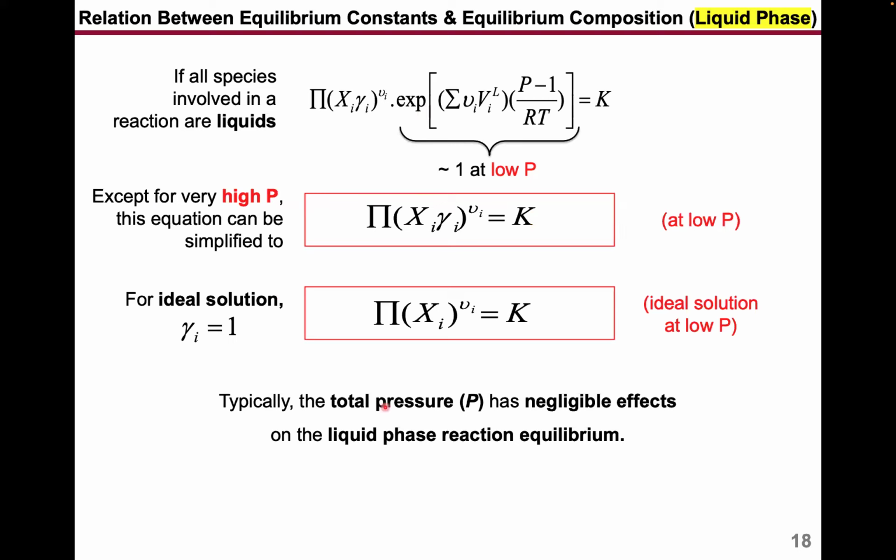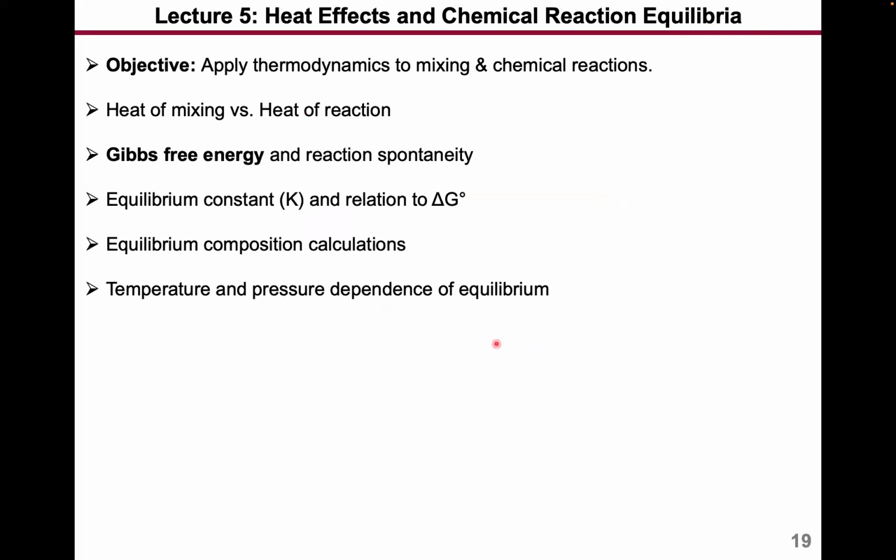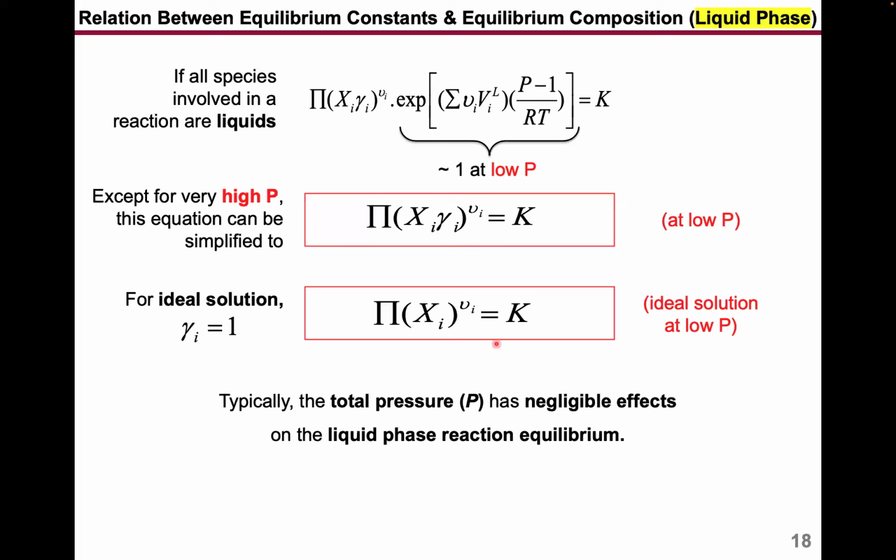That's why the total pressure usually has negligible effects on the liquid phase reaction equilibrium. So that's why pressure doesn't come into play in this equation. You can also do the same thing for endothermic reactions. You are trying to increase the whole thing, so you can change your temperature to maximize your reaction equilibrium.